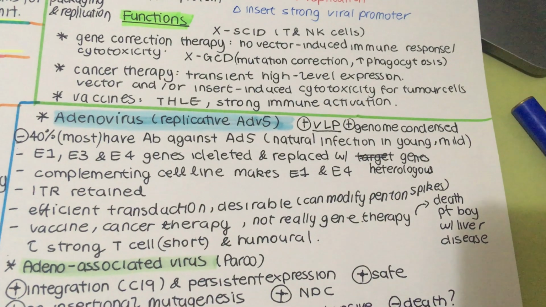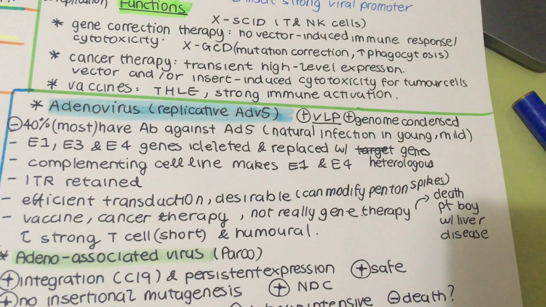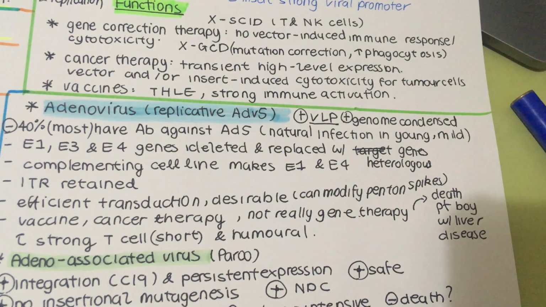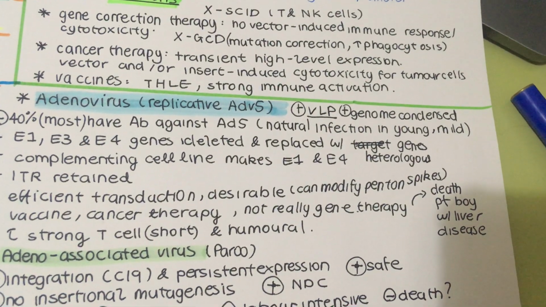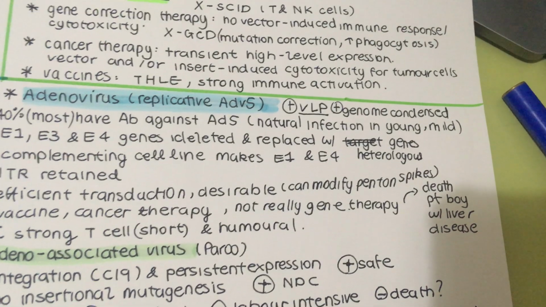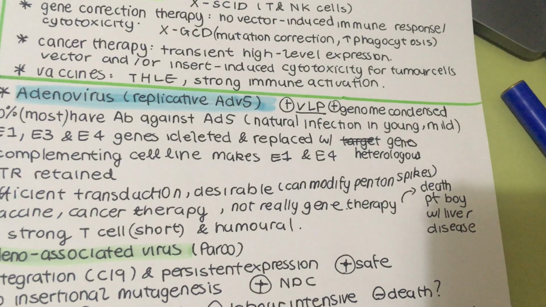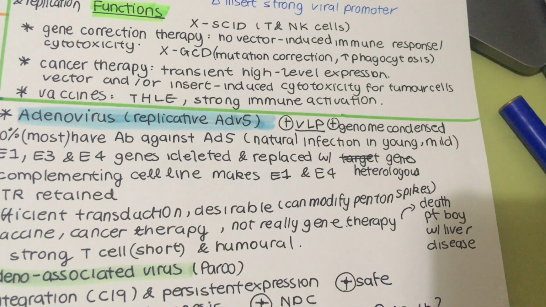And it can also efficiently transduce, which is awesome, and can affect non-dividing cells just like retrovirus HIV.